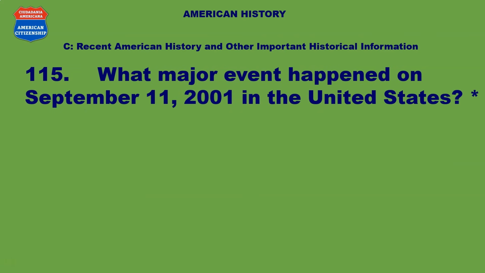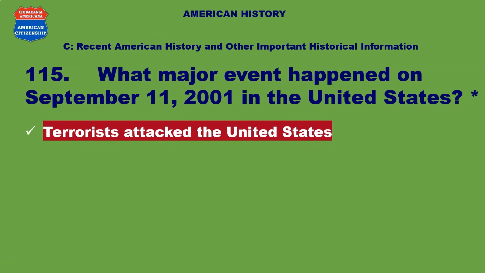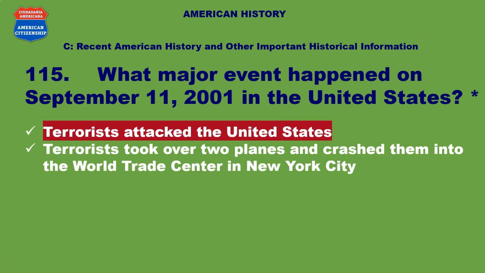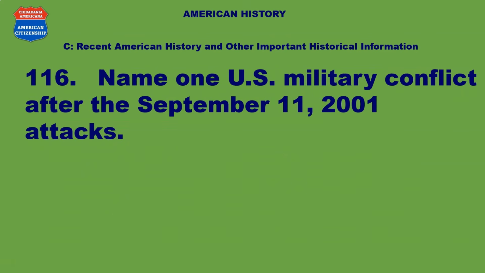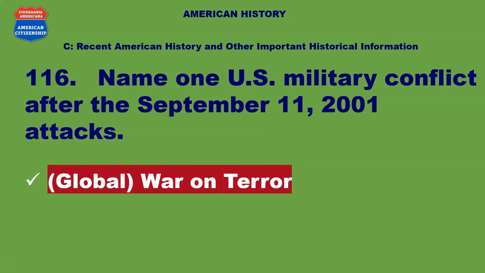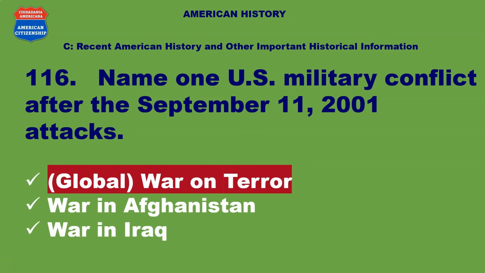What major event happened on September 11, 2001 in the United States? Terrorists attacked the United States. Name one U.S. military conflict after the September 11, 2001 attacks. Global War on Terror.